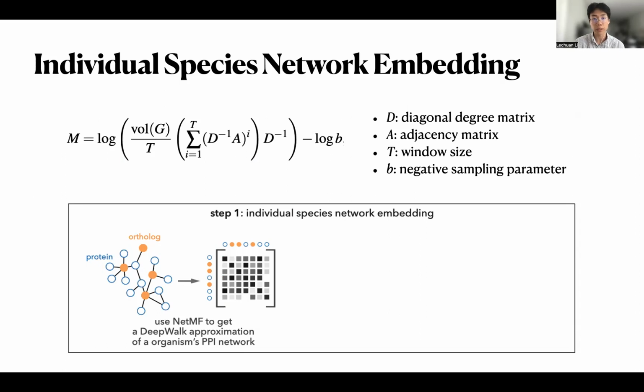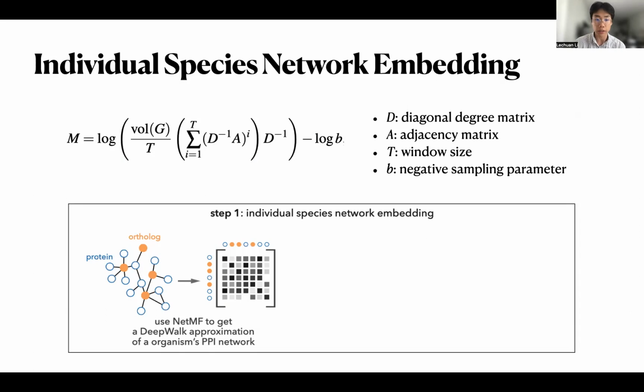The first step is individual species network embedding. And instead of directly using the adjacency matrix as input, we use a more complicated kernel, the NetMF matrix, which is an existing approximation of the DeepWalk process.